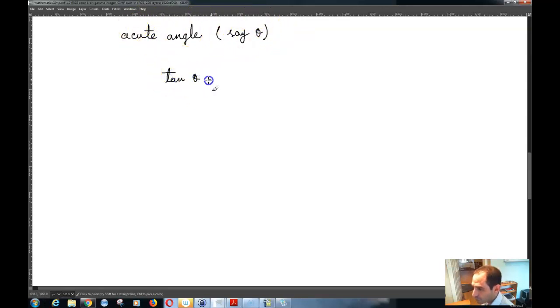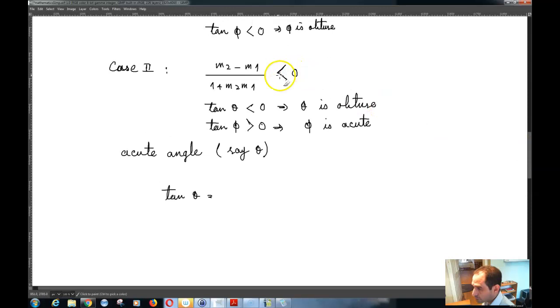Tan of theta is equal to the absolute value of (m2 minus m1) over (1 plus m2 m1), since this relationship can be negative or positive.